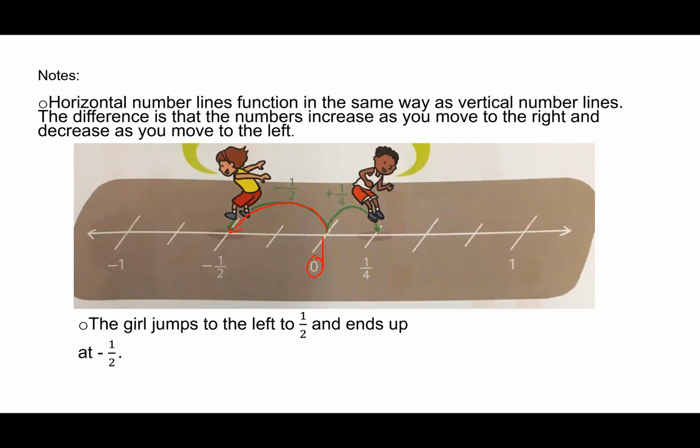Are you following me, you guys? McKinley, are you following me? Okay, good. All right, the equation for this would be 0 minus 1/2, and that would equal -1/2. Let me get these out of the way so you guys don't have to deal with. Okay, so that's what you're writing down on your notes there.